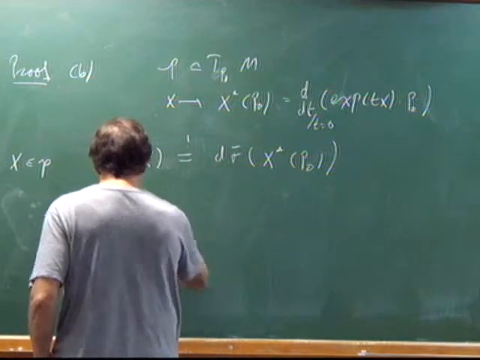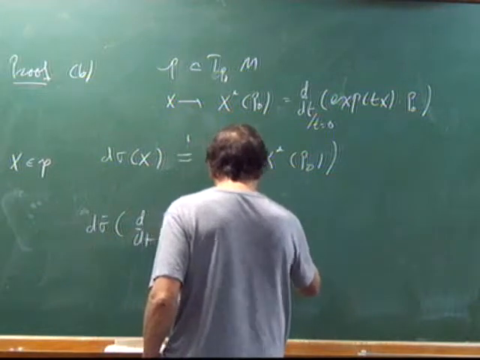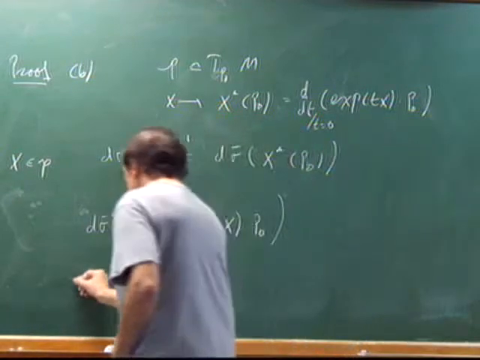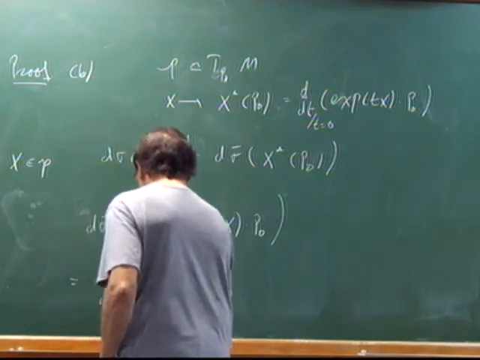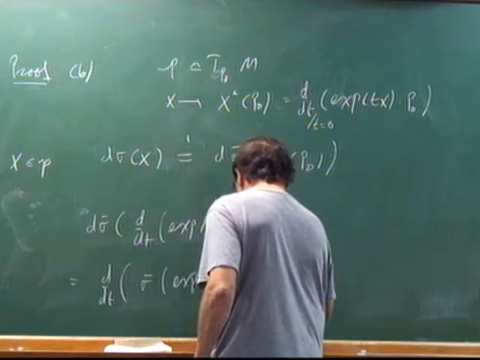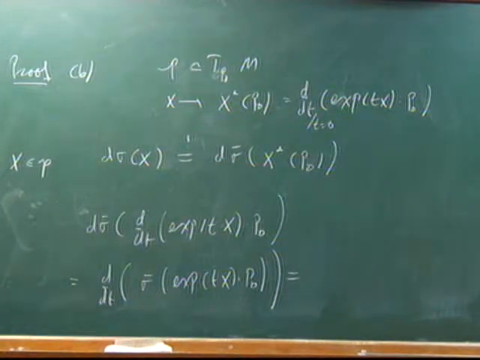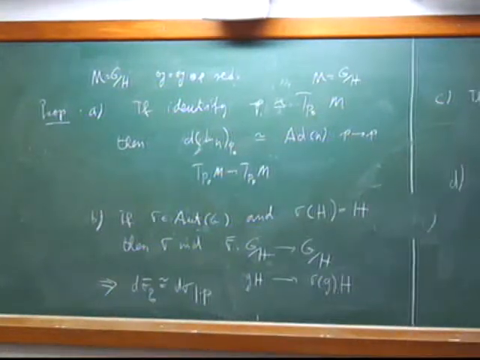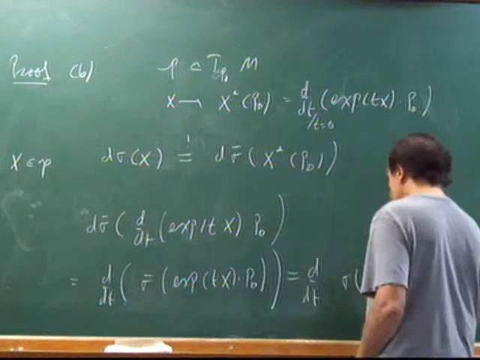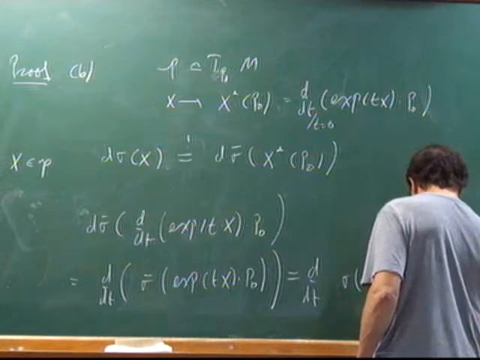It's d sigma bar applied to d/dt of exp(tx) times p naught. Right, so use the chain rule, d/dt of sigma bar applied to exp(tx) times p naught. And what was that? The sigma bar just acts on the cosets like this. So it becomes d/dt of sigma of exp(tx) times p naught.